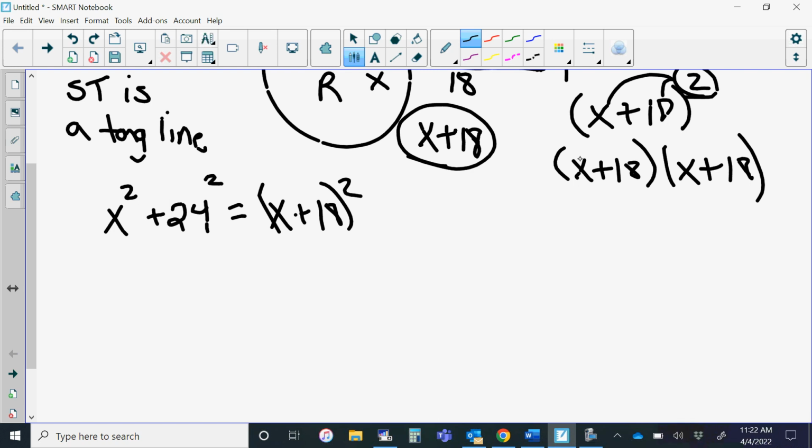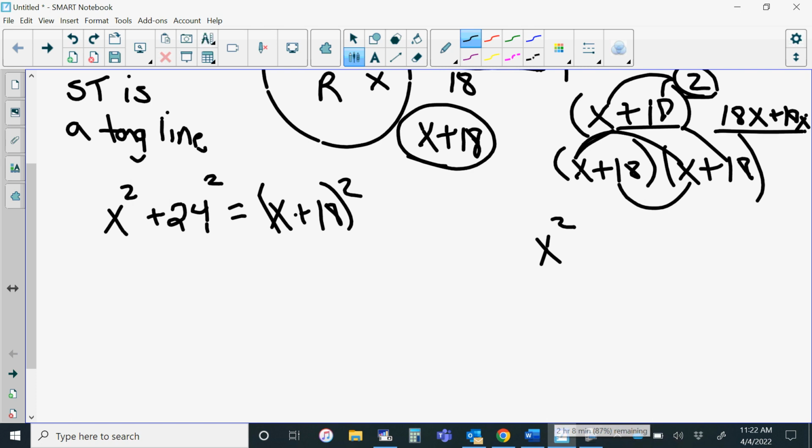Now, how do you solve this problem? x times x is what? x times 18 is, hold on to that for a second, because this times this is another 18x, and those are common terms.